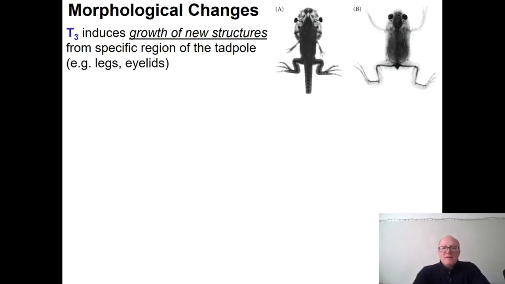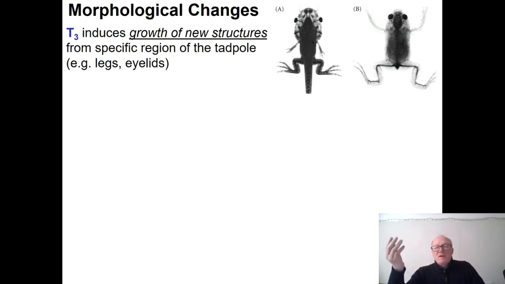You can see here in this picture on the left the tadpole that has already grown some limbs. So for example, the limbs grow only on specific parts of the body of the animal, but the tadpole also grows eyelids. Obviously, the eyes in the tadpole do not require eyelids because they are in water, and the water continuously moisturizes and cleans the eyes.